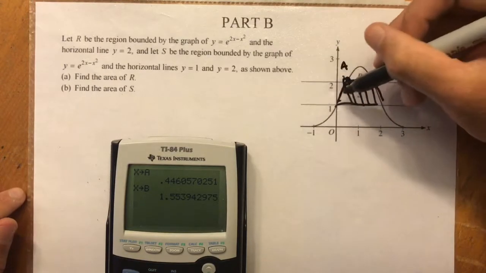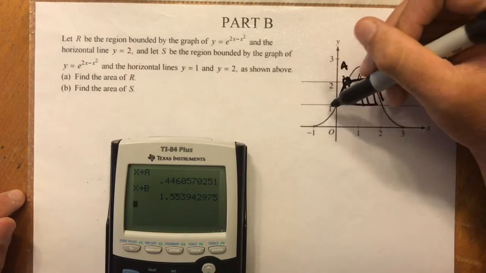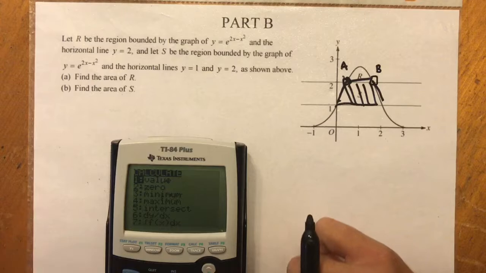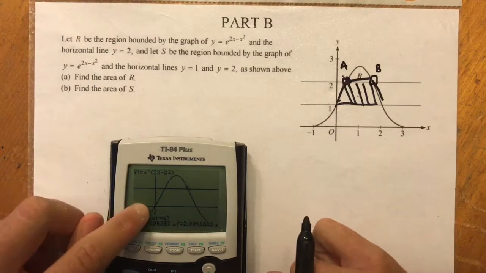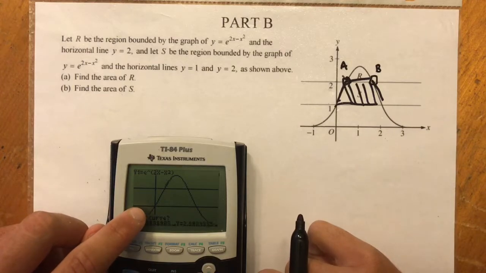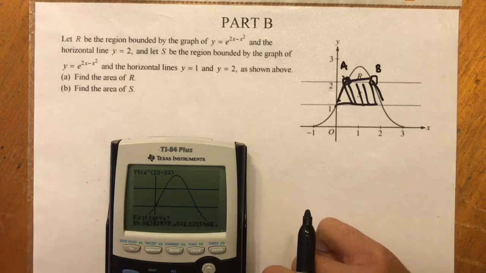But right now, I'm going to focus on finding these two new intersection points between the curve and the horizontal line y equals 1. We go to second, calc, intersect, and scroll to where the horizontal line y equals 1 and the curve intersect. For the first curve, we go down to the intersection point and hit enter.